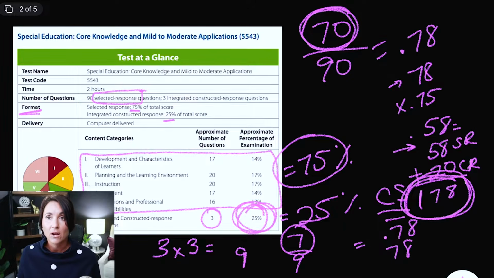Now, it's not exact because this 70 here, that's my raw score, but some of those questions may be worth more. I might have had multiple choice where I choose more than one, all of that. So this is not exact. This is like a roundabout measure of how to score it, okay?